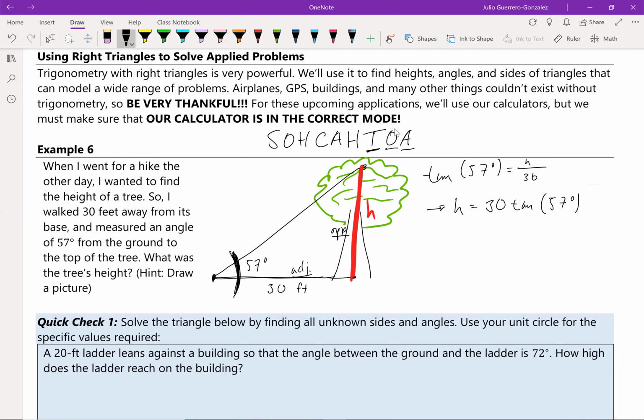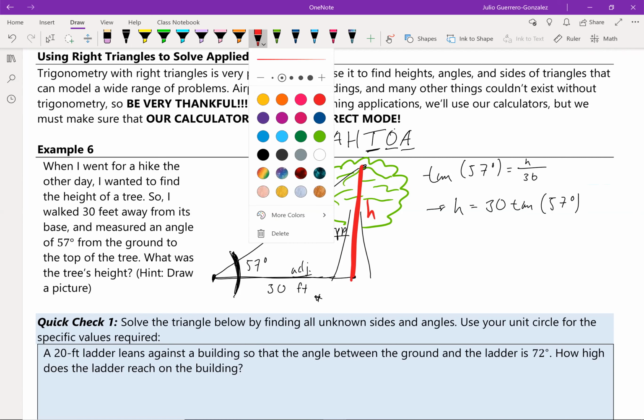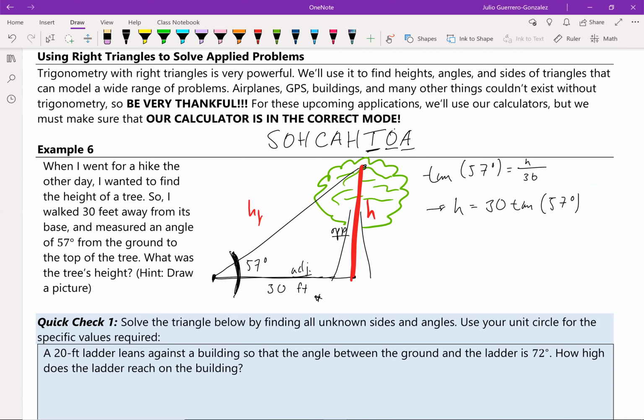Let's say, for example, you need the hypotenuse and you have the adjacent.